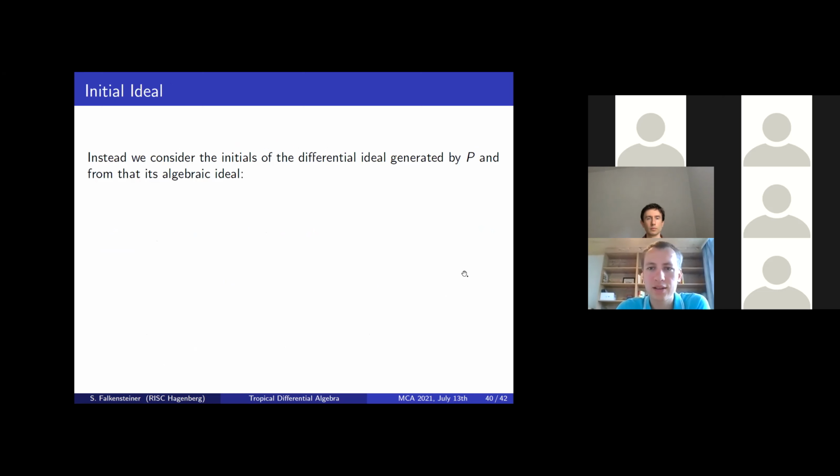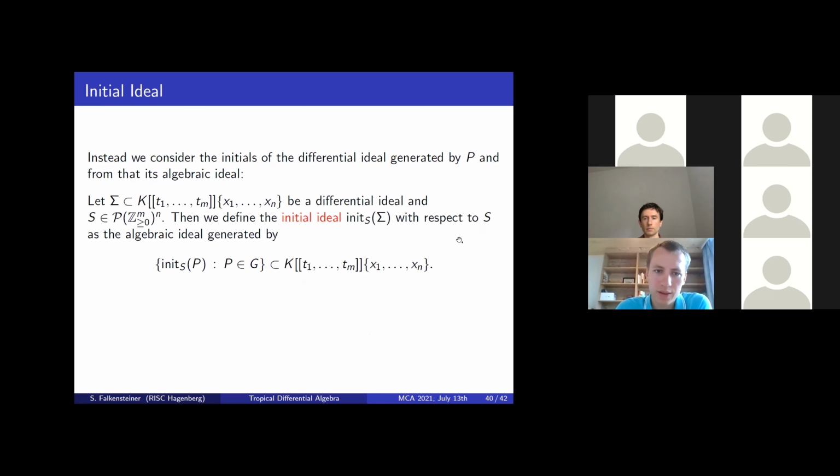But it's sufficient for studying solutions to consider the initials. Again, we have to move to ideals. So if we have a differential ideal given, then we define the initial ideal of it as the algebraic ideal generated by all the initials of elements in sigma.